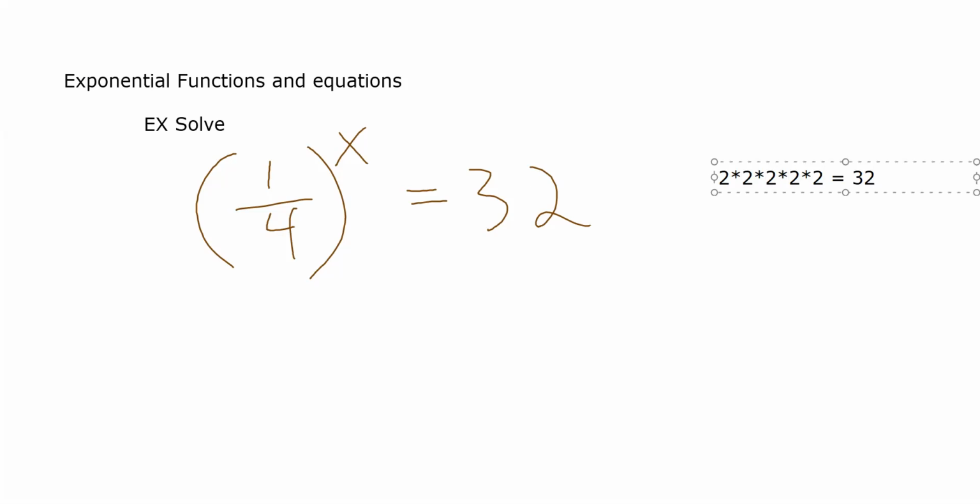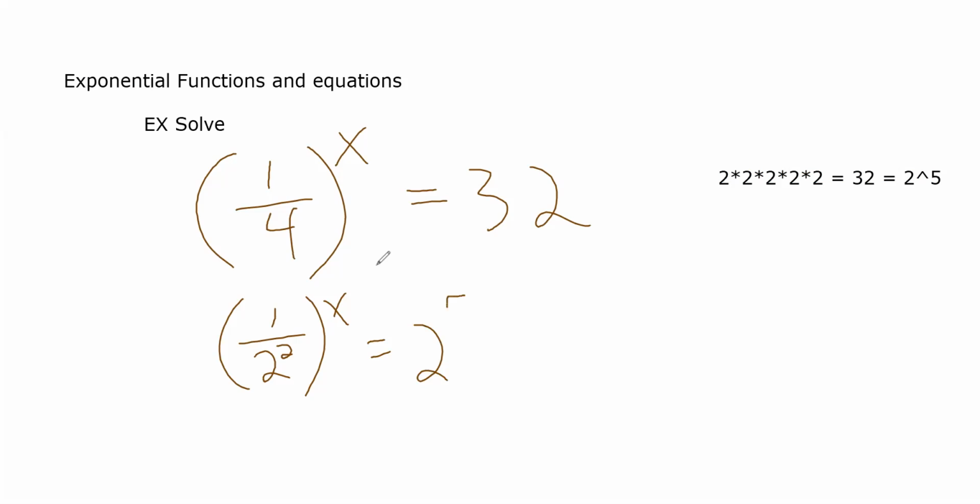Oh, 32 is actually 2 to the 5th power. So there's a few connections we can start to make here. The first one is that 4 can be written as 2 squared. And then 32 can be written as 2 to the 5th.